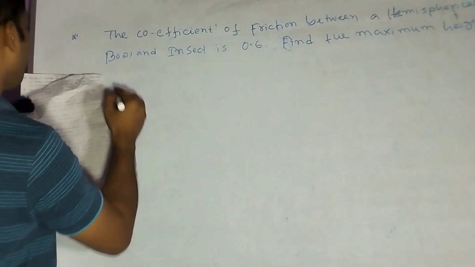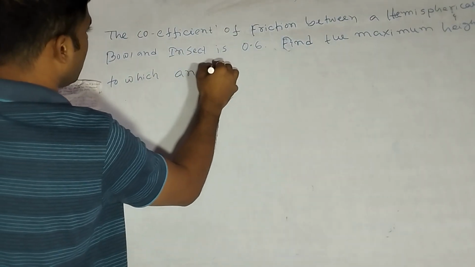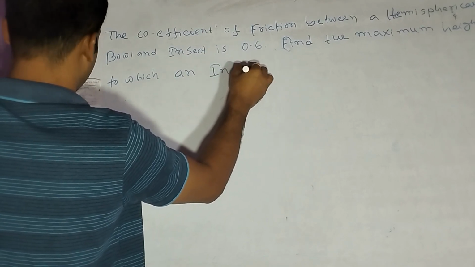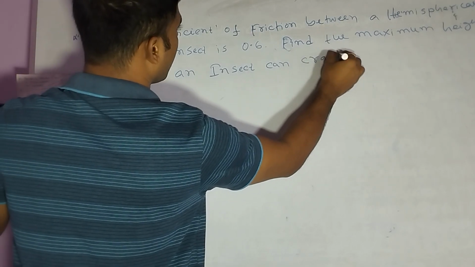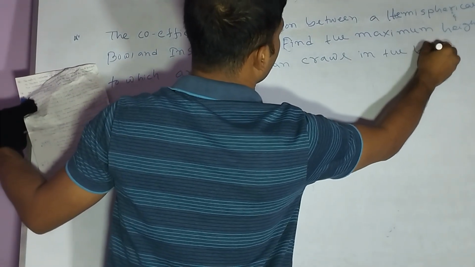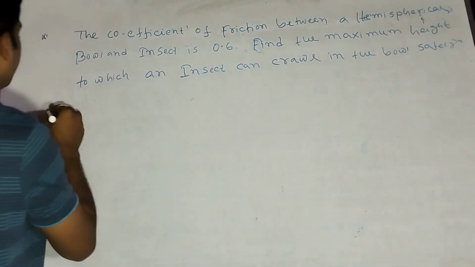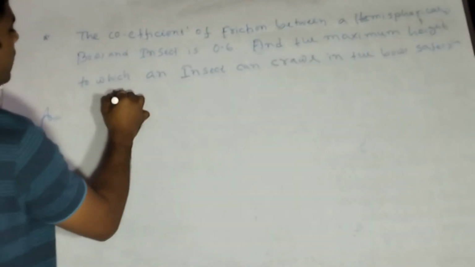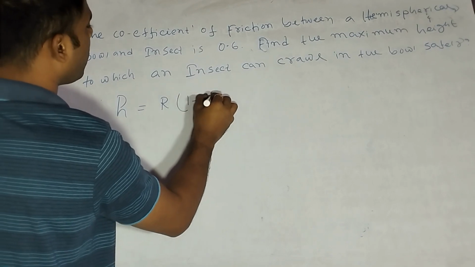Find the maximum height to which an insect can crawl in the bowl safely or easily. For the hemispherical bowl and insect problem, with two equations, we know the maximum height for safe crawling, H, is equal to R into (1 minus cos theta).